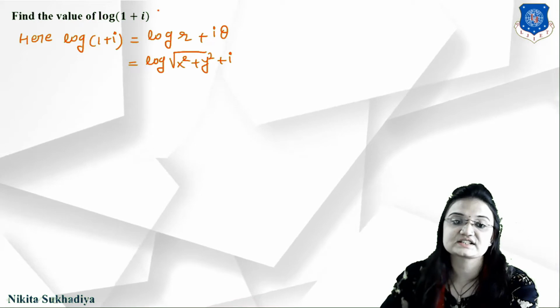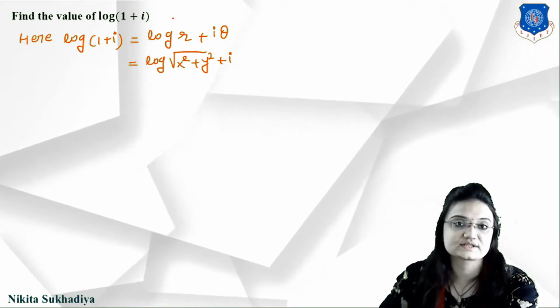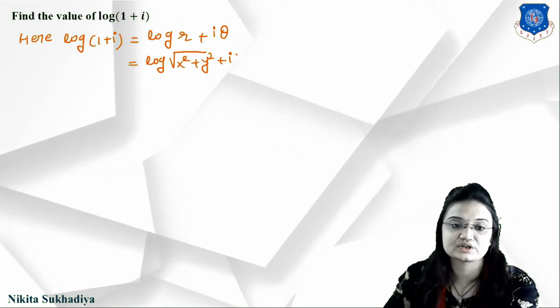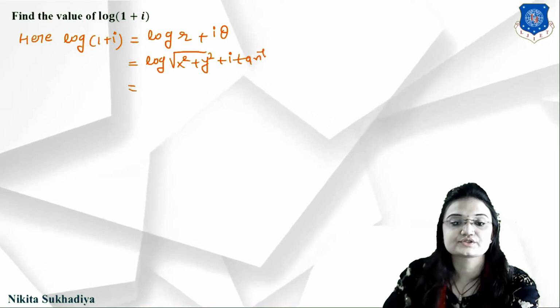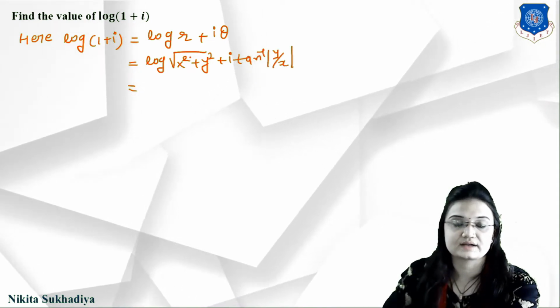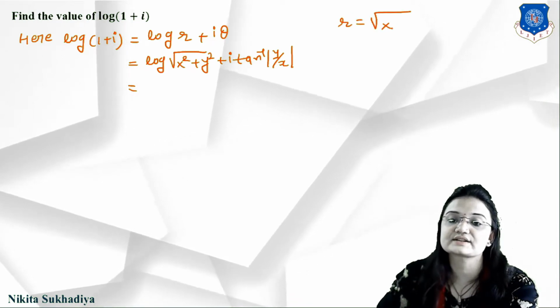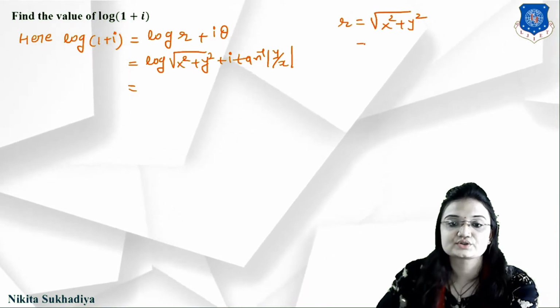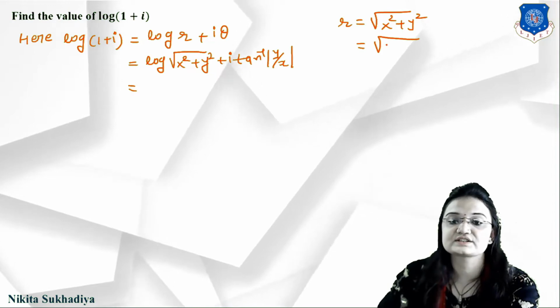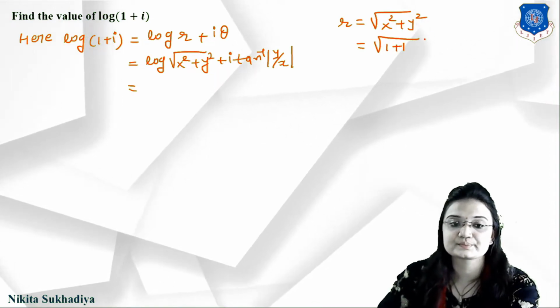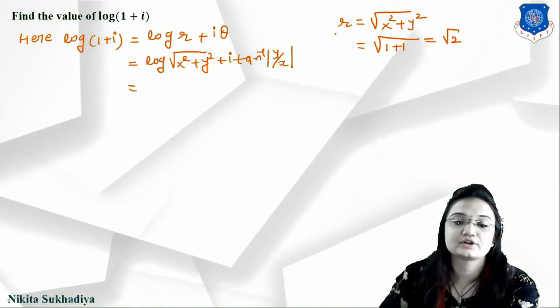Here our complex number 1 plus i is in the first quadrant, so theta is tan inverse mod of y by x. Here r is under root of x square plus y square, so for 1 plus i this becomes 1 plus 1, so r is under root of 2.